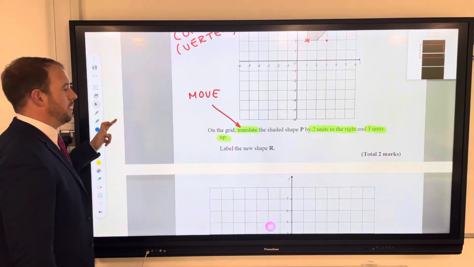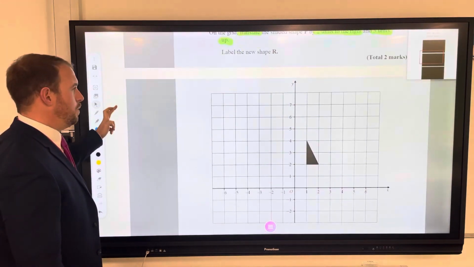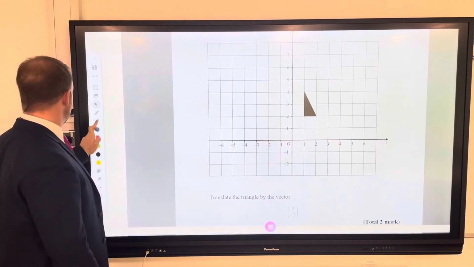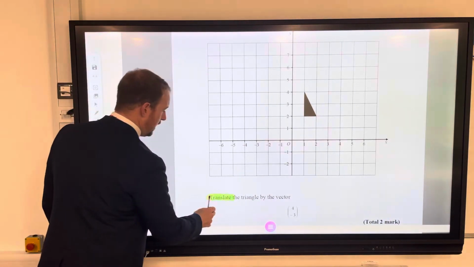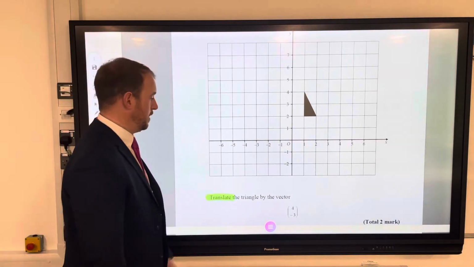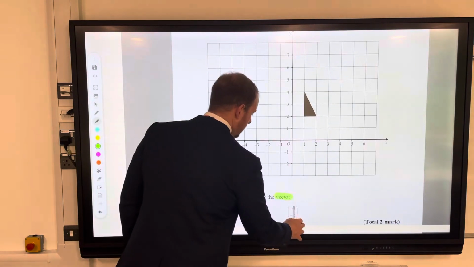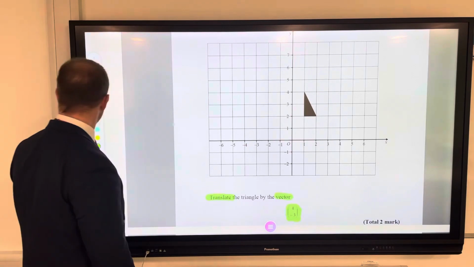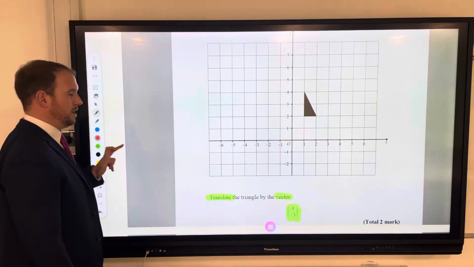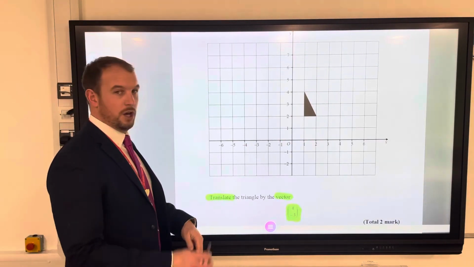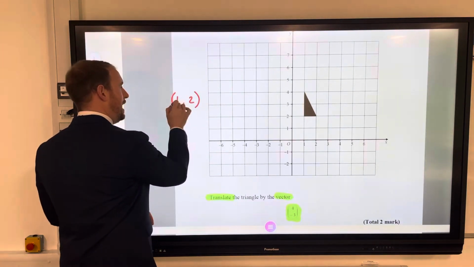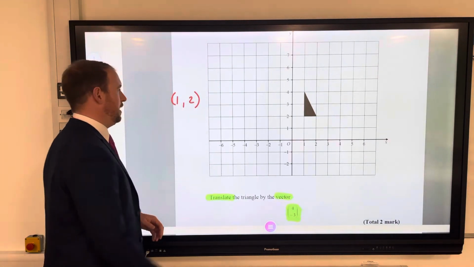So that's the basic ones. We then have these column vectors. So that keyword then, translate, which means move, by the vector 4, minus 3. It looks similar to a coordinate, however, coordinates are side by side, like this, an x value and a y value.